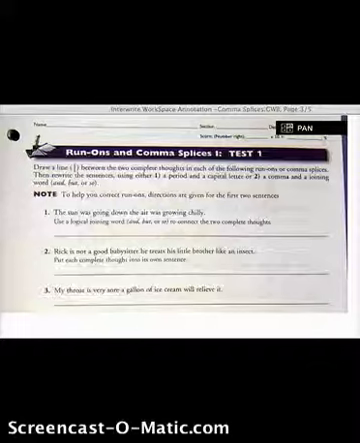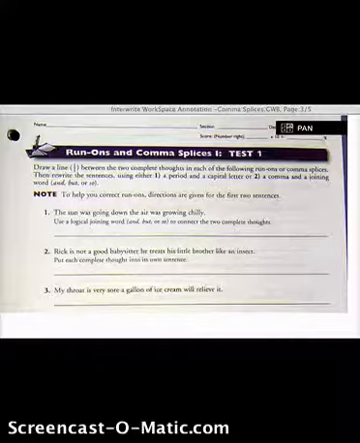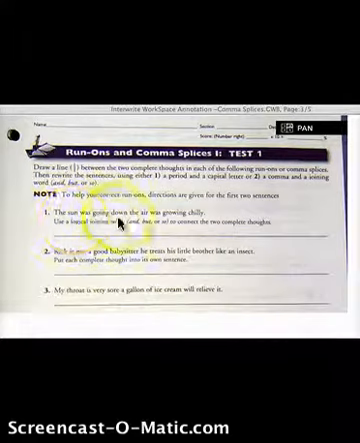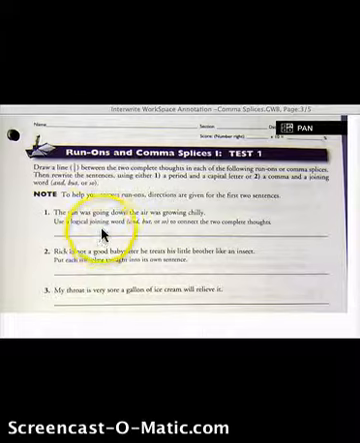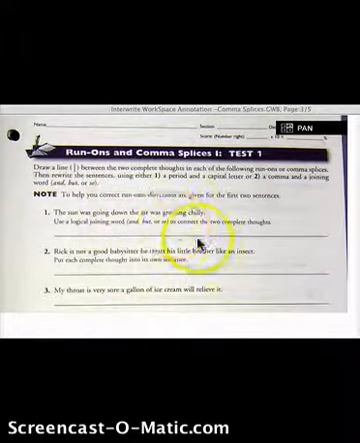Then rewrite the sentences using either 1, a period and a capital letter, or 2, a comma and a joining word, such as and, but, or so. To help you correct run-ons, directions are given for the first two sentences. The sun was going down, and the air was growing chilly. Use a logical joining word such as and, but, or so to connect the two complete thoughts.